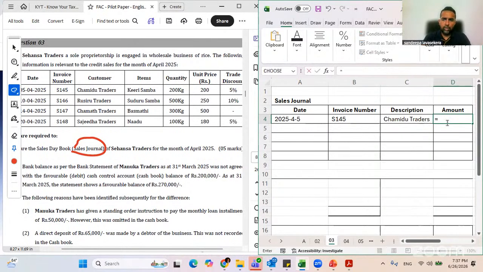About 200 kilograms at 200 price. After a discount of 5%, you have to take 95%. 38,000. 200 kilograms into 200 per kilogram, after discount means you have to take 95%.